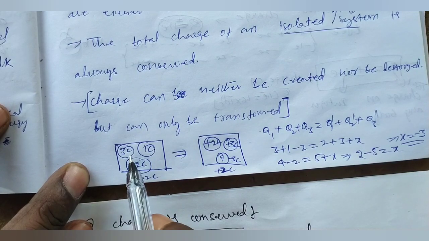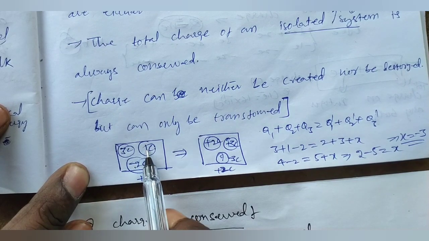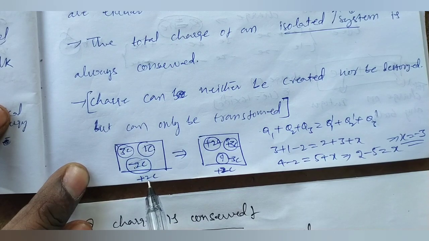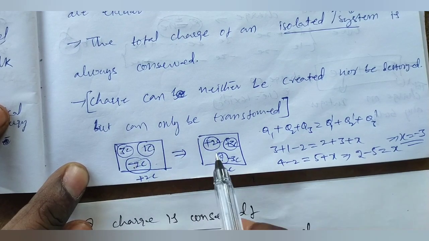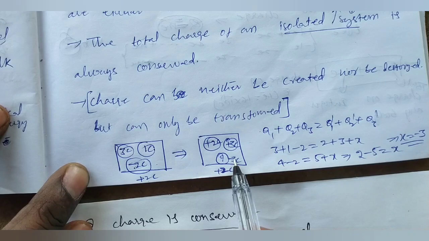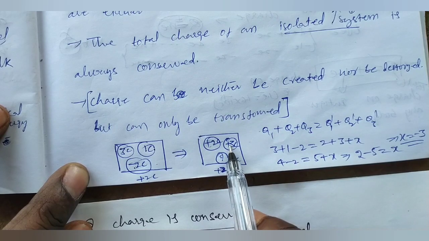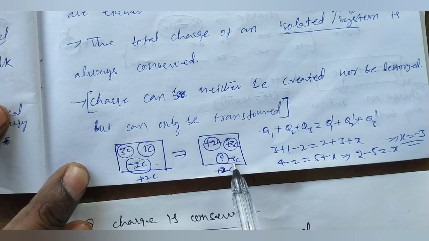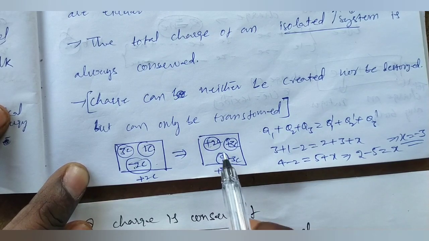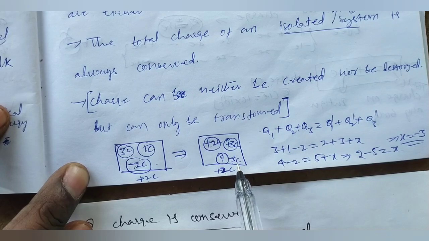The total is 3 plus 1 is 4, minus 2, so 2 coulombs. That is the left side. On the right side I don't know what the charge is. Plus 2 plus 3 is 5, and we want to get plus 2, so the other charge is 5 minus 3, which is 2. This third charge is minus 3 coulombs.